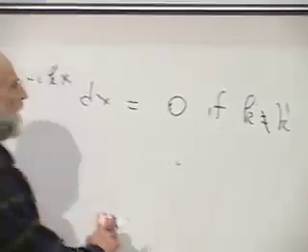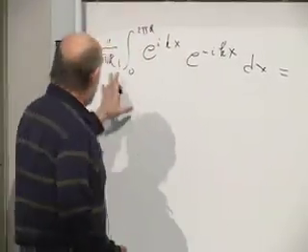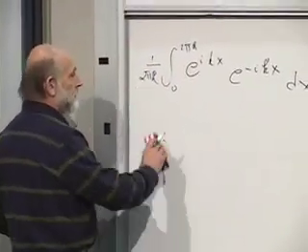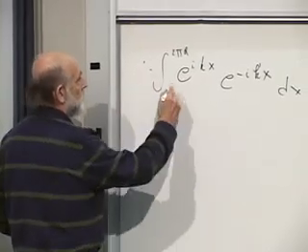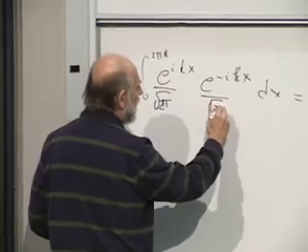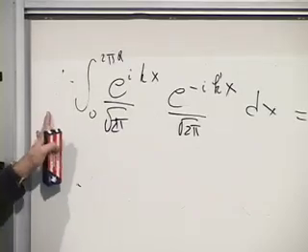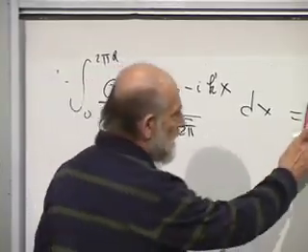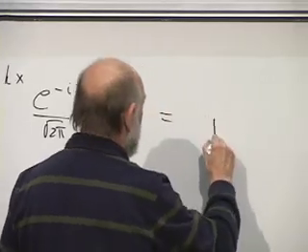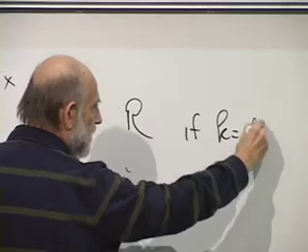Now we're going to get something big. If we stretch out the vectors by a factor of the square root of r, then on the right-hand side, we will get r if k is equal to k prime.